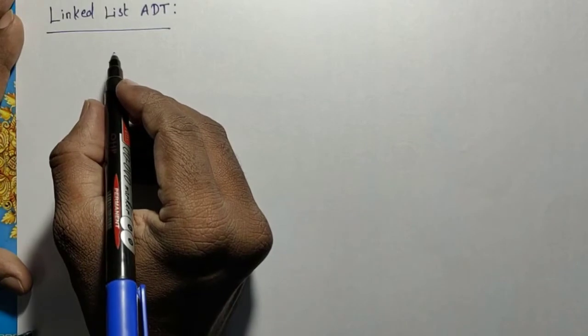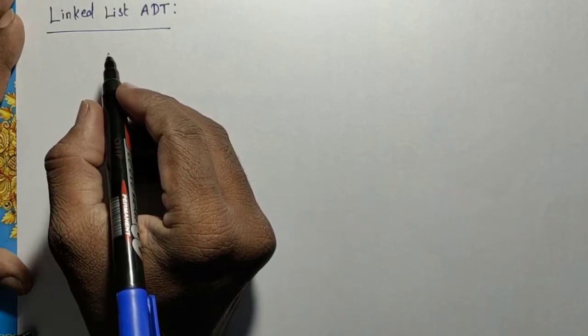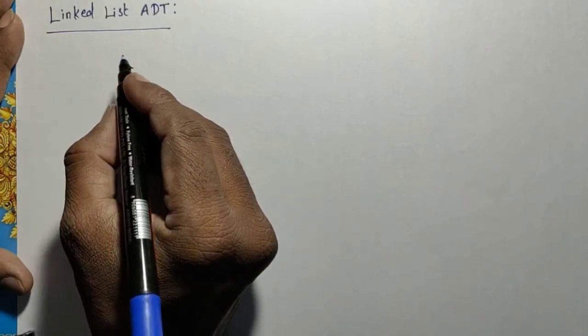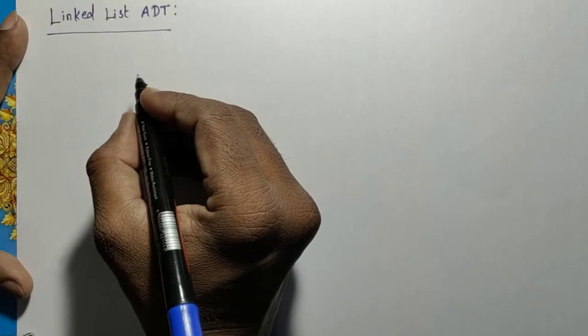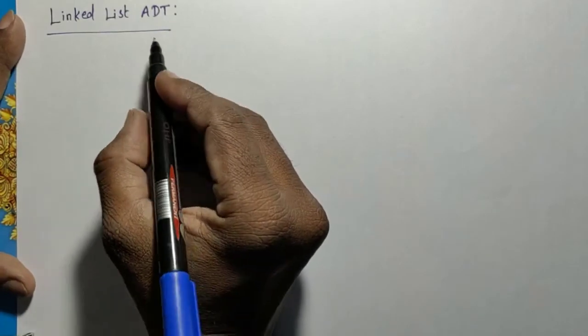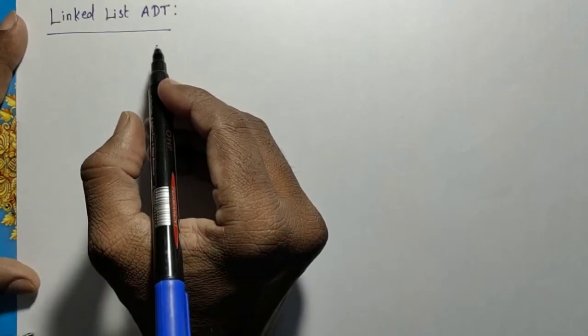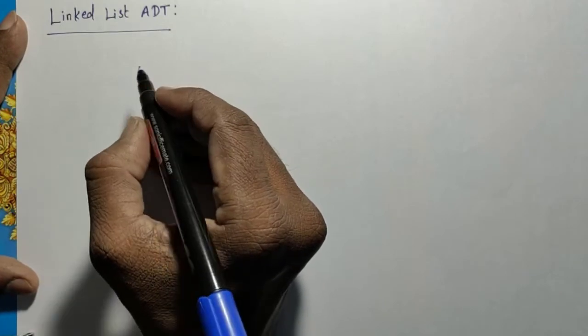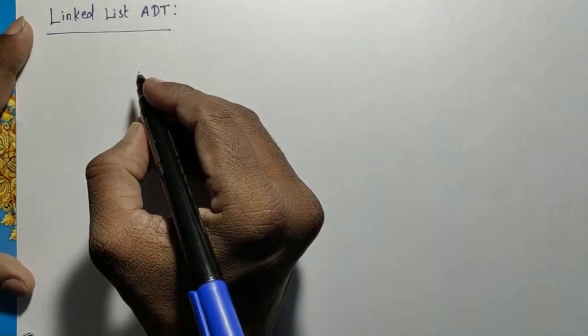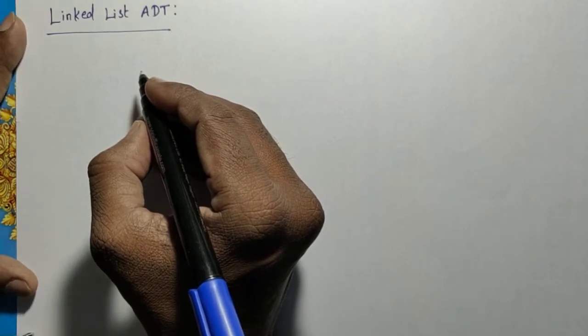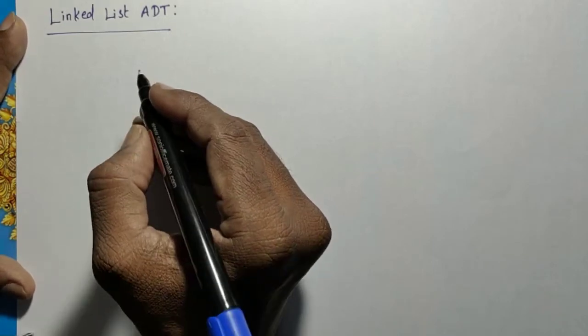We are going to discuss the linked list ADT in this video. Similar to arrays, stack, and queue, the list ADT is also used for storing a list of elements. It is also a linear data structure like array, stack, queue, used for storing a list of elements.